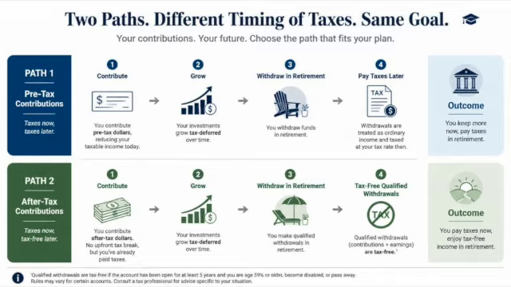In other accounts, contributions are made with money that has already been taxed. In exchange, qualified withdrawals during retirement may be tax-free. This second approach is commonly known as a Roth account. The exact rules depend on the account type and local regulations, but understanding this distinction helps explain why retirement accounts are often prioritized before ordinary investment accounts.